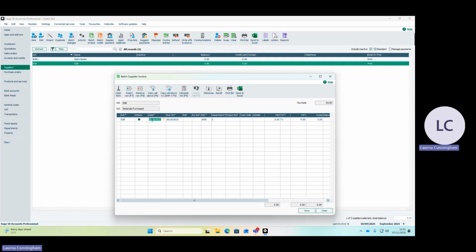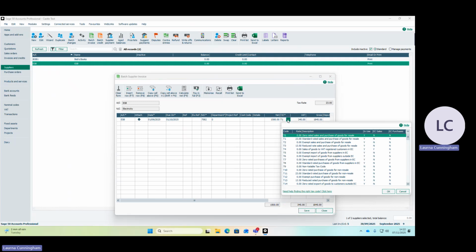So we're going to say from the ESB on the 1st of the 9th, 25, reference 7582. We purchased electricity from the ESB, net amount of, we'll say, €1,500.